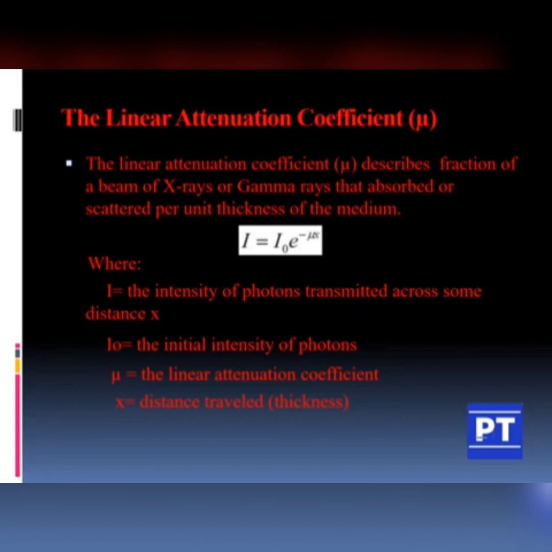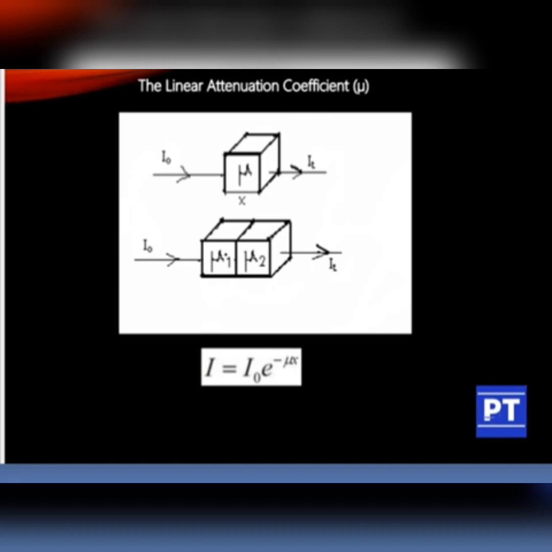So the X-ray photons absorbed or scattered per unit thickness of a material is known as the linear attenuation coefficient, and it is described by the equation I equals I0 e raised to minus mu x, where I is the intensity of the photons transmitted across some distance x, I0 is the initial intensity of the photons, mu is the linear attenuation coefficient and x is the distance travelled or the thickness.